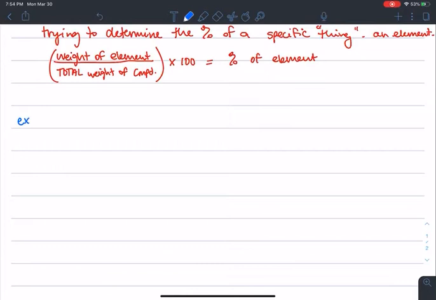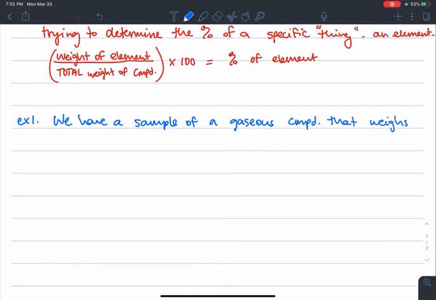So for example 1, let's say we have a sample of a gaseous compound that weighs approximately 24.81 grams.